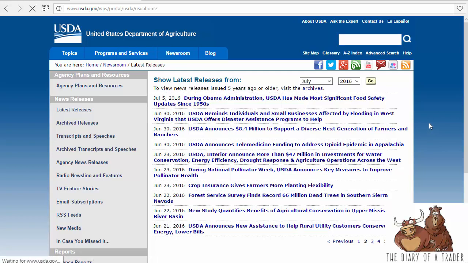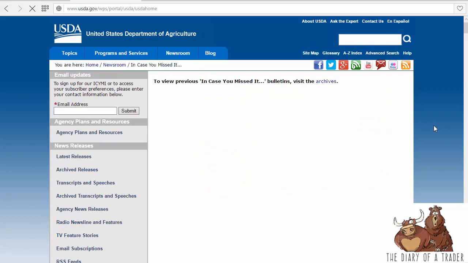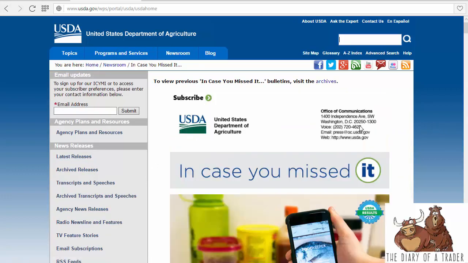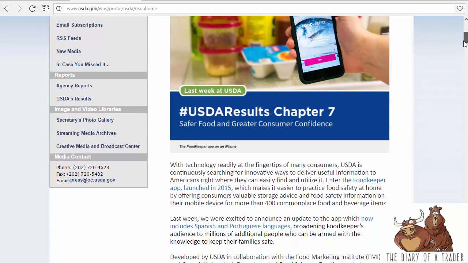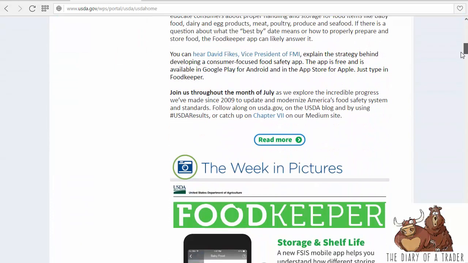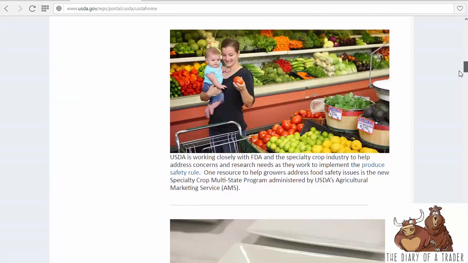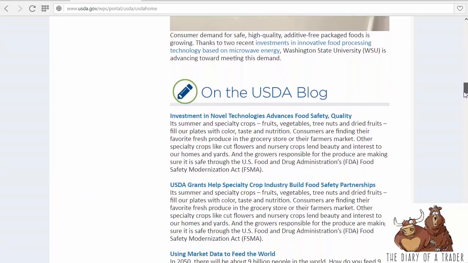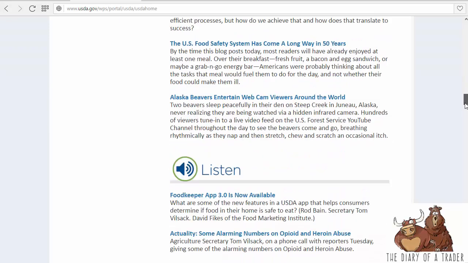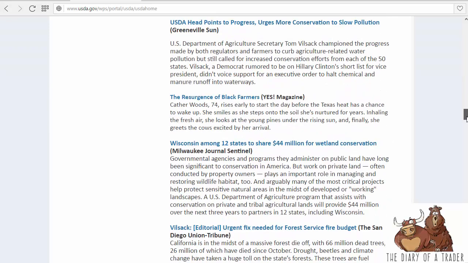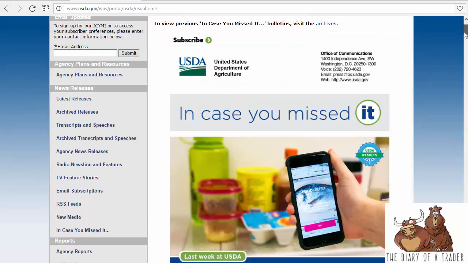The most important ones, of course, are going to be the ones that you go and look at, in case you missed it, and it gives you the results. This gives you the results in a PDF format and, of course, news stories. It also will tell you, there's a podcast available, how much was produced in wheat and corn, etc. And that is exactly what you're looking for.